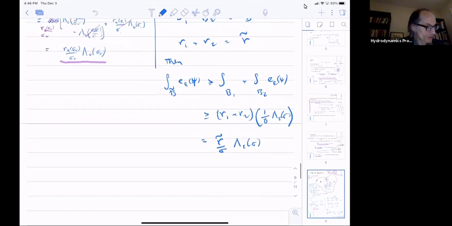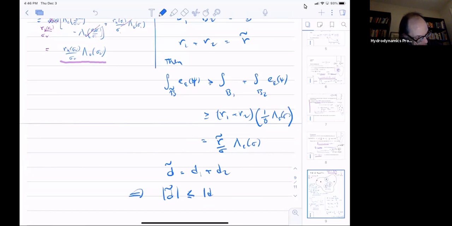holds. Well, that's true. Also, what happens with the degrees? So d tilde, the degree of the combined larger ball. There's this nice additivity property of the degree, and so this is going to equal d1 plus d2, and so the absolute value is certainly bigger than the sum of the absolute values.